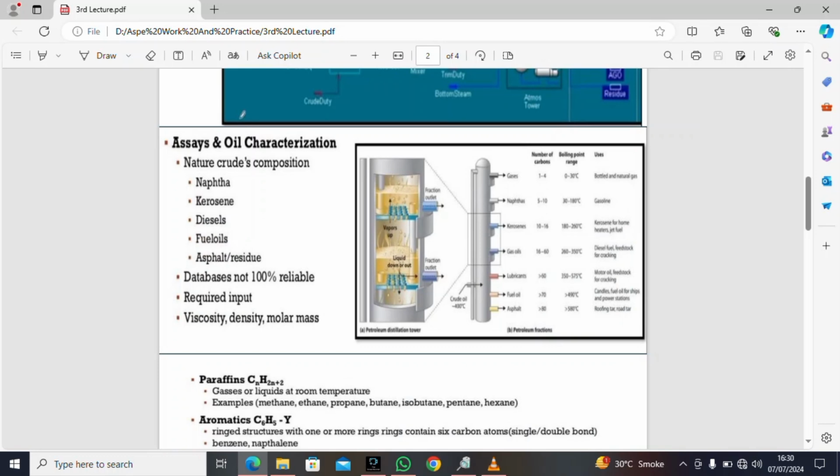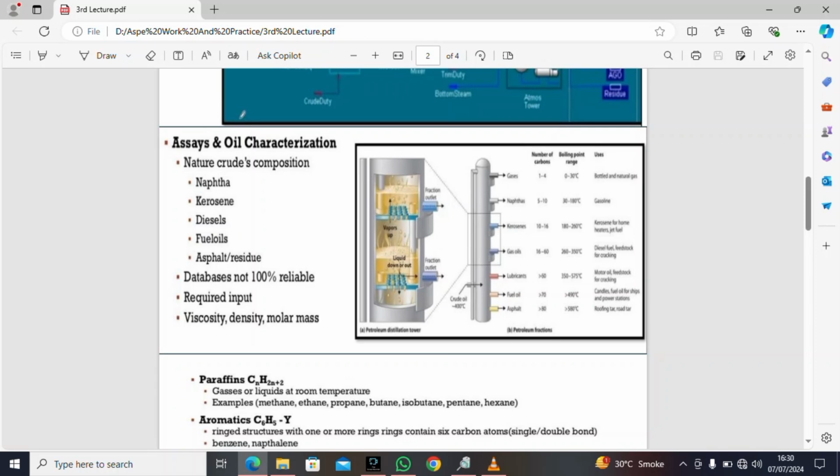When you have petroleum streams or crude oil, typically you have some gases which boil up at relatively low temperatures. Then we get light naphtha, some used for gasoline, others for other petrochemical applications.